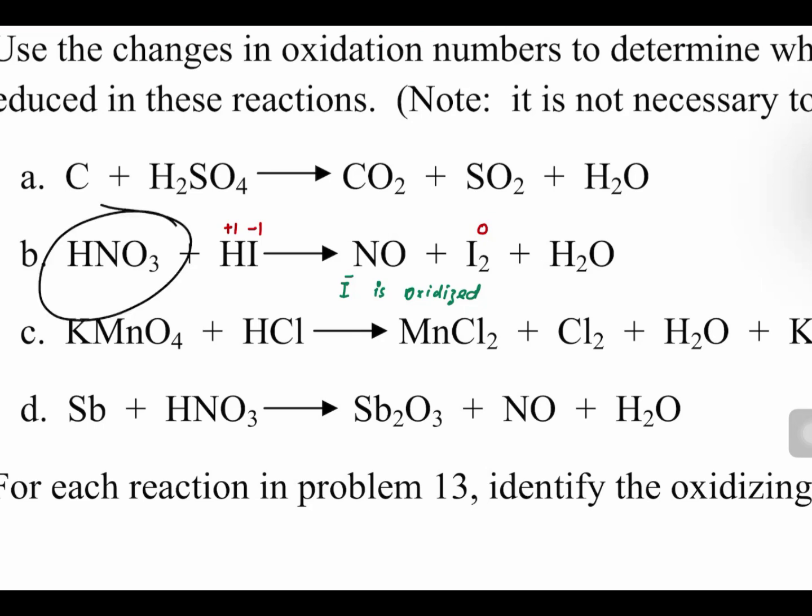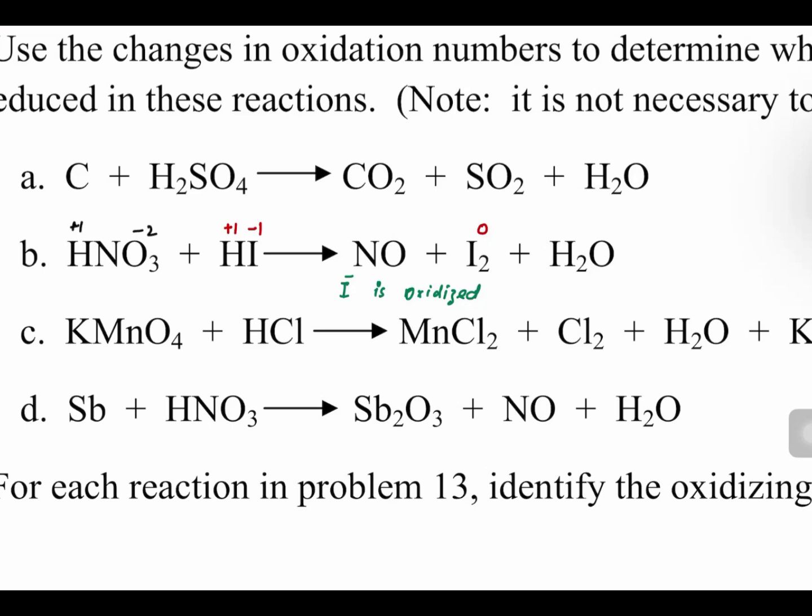So in this compound, H is +1 and O is -2. I am telling you again, and I will frequently tell you in future as well, that the charge for H is +1 and the charge for oxygen is -2 mostly.